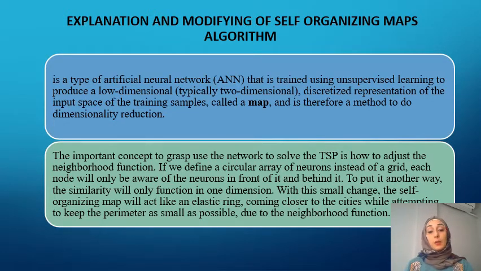To put it another way, the similarity will only function in one dimension. With this small change, the self-organizing map will act like an elastic ring, coming closer to the cities while attempting to keep the perimeter as small as possible due to the neighborhood function.